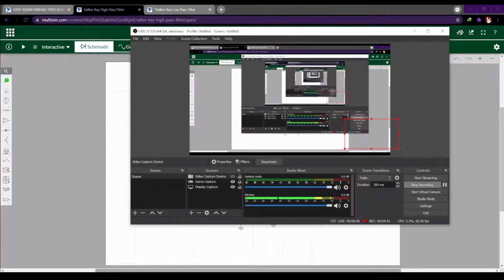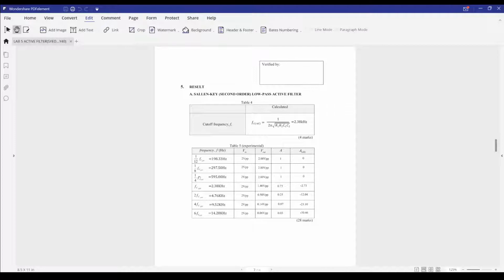After we test with different frequencies, it is easier for us to plot a graph of voltage gain versus frequency.